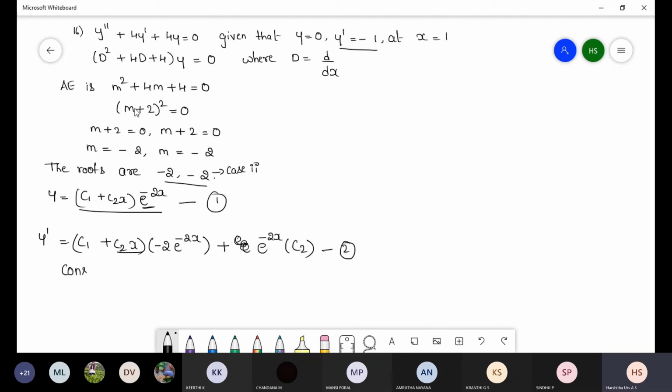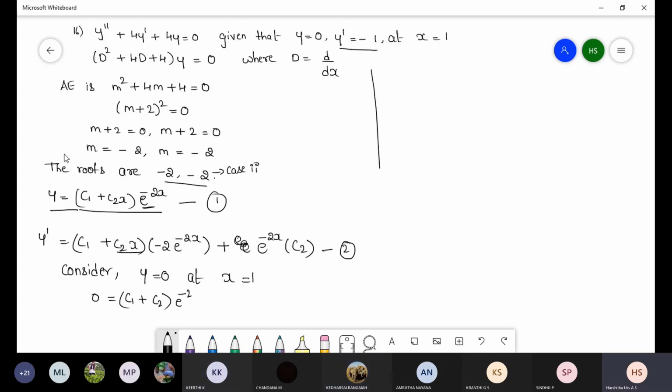Now consider the first point, y is equal to 0 at x is equal to 1. In equation 1, put y is equal to 0 and x is equal to 1. So 0 is equal to C1 plus C2 into e power minus 2.